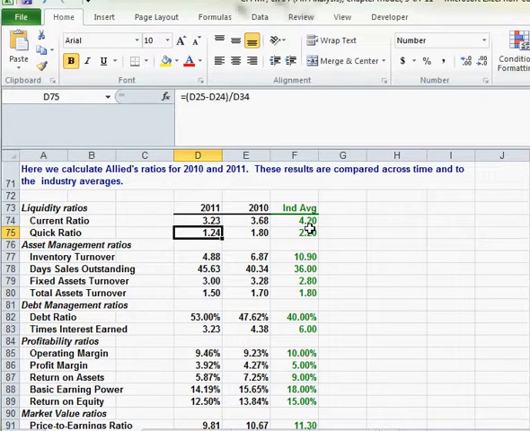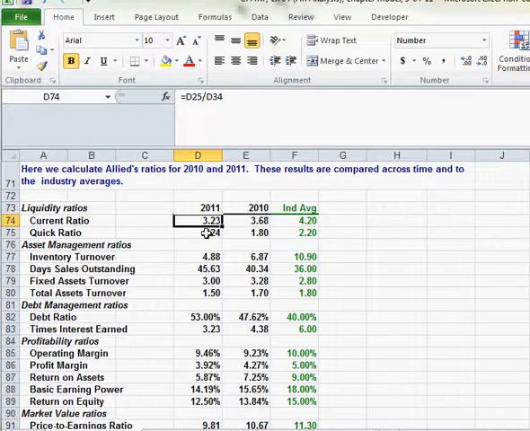That's a little tricky because we'd have to analyze whether the industry as a whole is doing well, but we'll assume that the industry average is a solid number here. The third way would be, are we hitting budget targets? If management had set a target for the current ratio of 3.2, then we would say we're on target. If management had set a target of 4, then we're below what we should be.